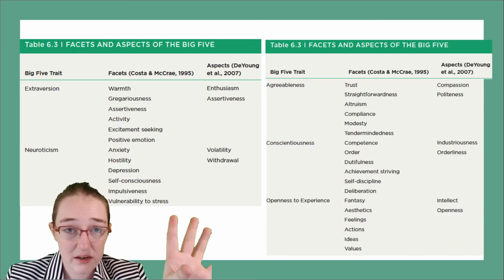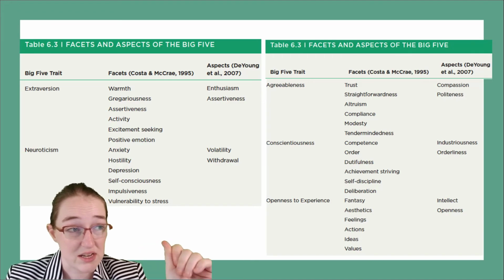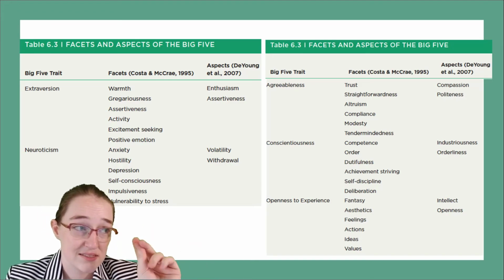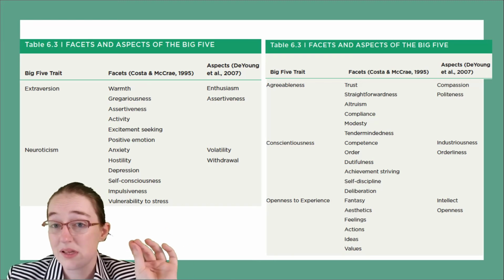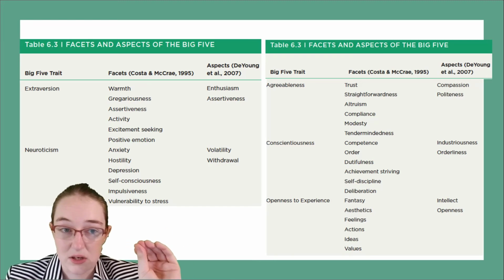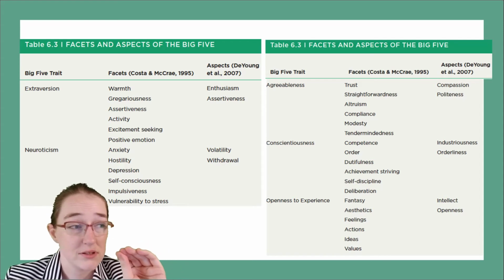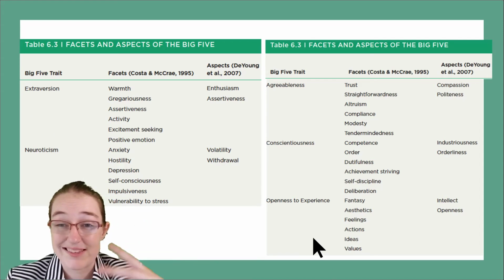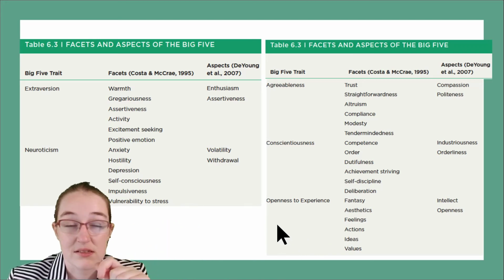So here is the full table. I don't know what page it is in the online book, but it's table 6.3. This is a really important table that I really encourage you to learn about, because each of these big 5 traits has different facets or aspects.